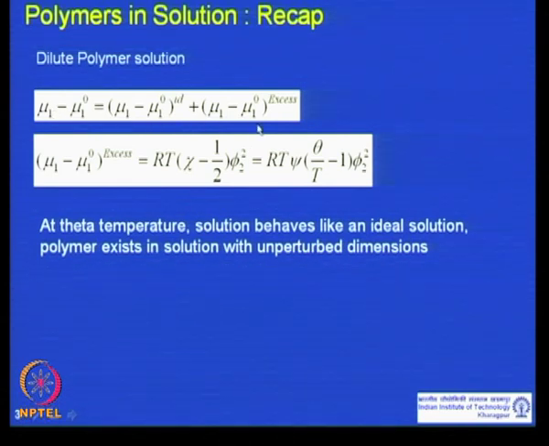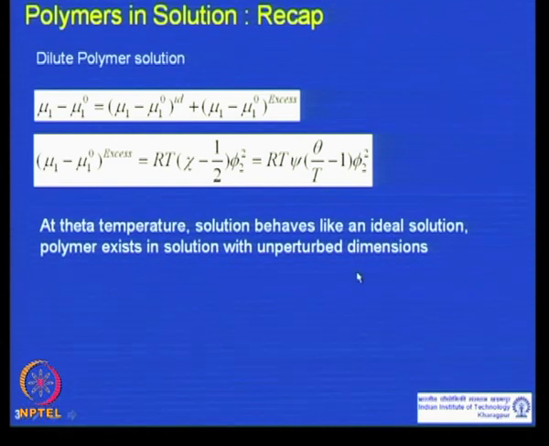If you look at this expression, if this contributes negatively, then mu 1 minus mu 1 ideal would be lower than the ideal, which means the mixture of polymer and solvent will be favored. If this is positive, then it will be higher than the ideal value, so it will have an effect against solution. At theta temperature this becomes 0.